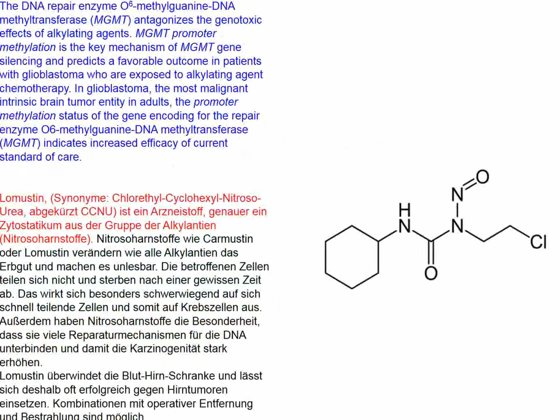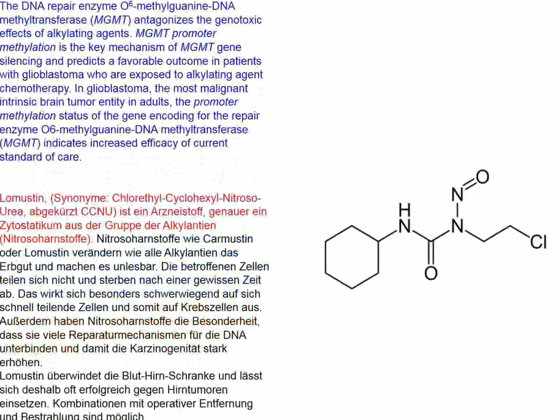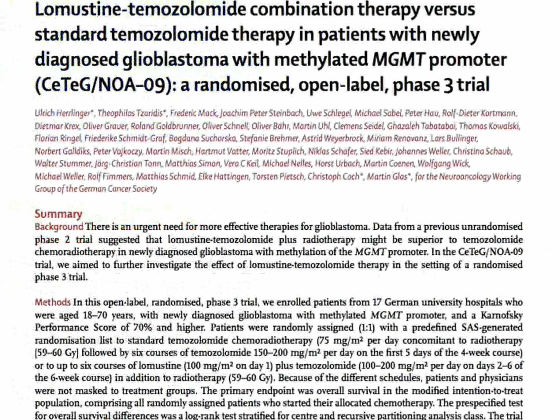So the patients in this study were randomized to either the first alkylator, temozolomide, or temozolomide plus a second alkylating agent, lomustine. And with the idea that perhaps this second alkylating strategy might provide an advantage for these patients.